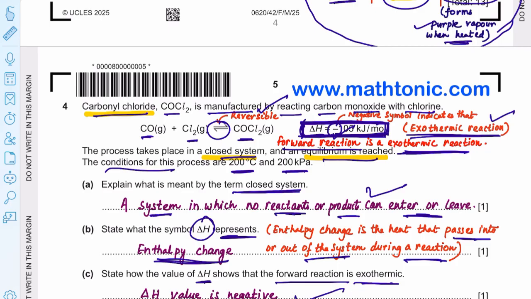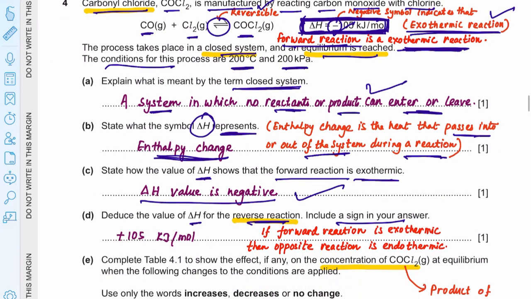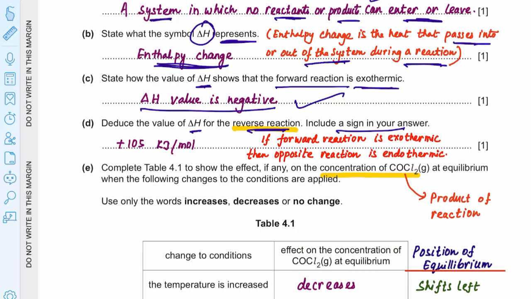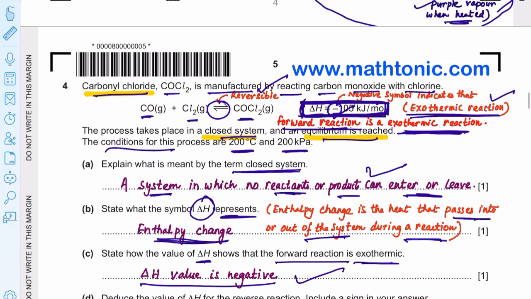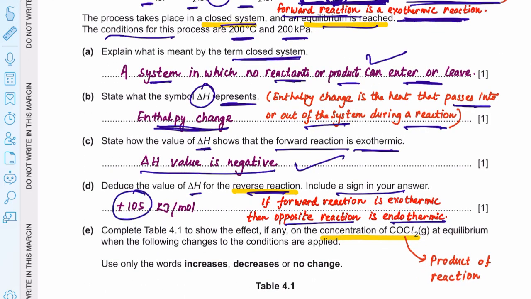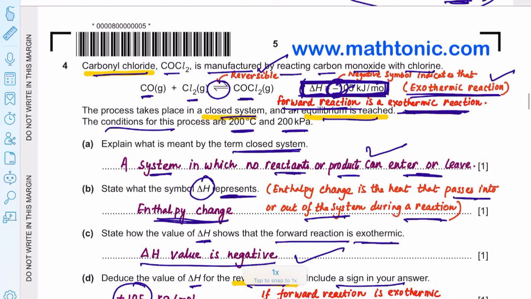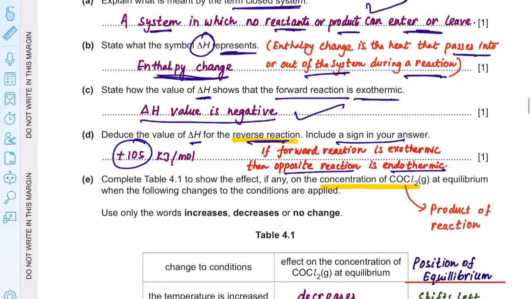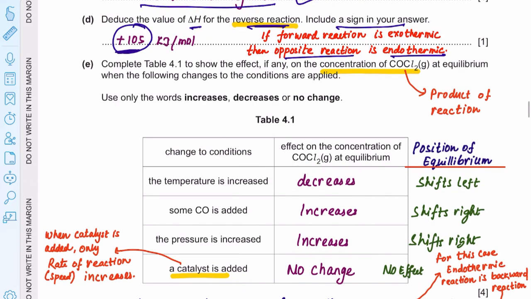And if this is negative, the forward reaction will be exothermic, right? That means the reverse reaction should be endothermic, very simple. So the opposite reaction should be endothermic, and if the forward reaction is positive, the backward reaction will be negative. If the forward reaction is negative, the backward reaction will be positive, and yes, the magnitude will be exactly the same, which is plus 105 kilojoule per mole.